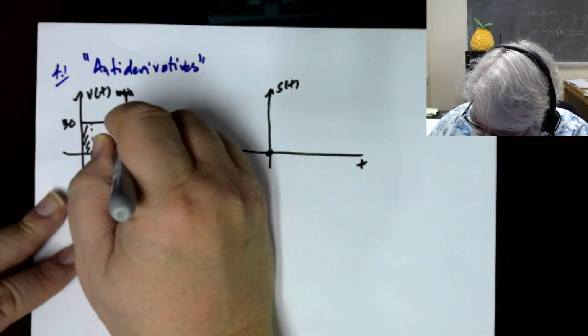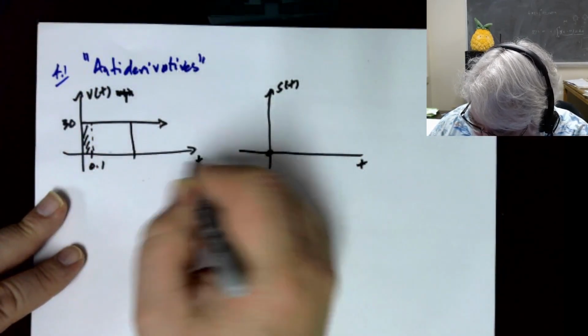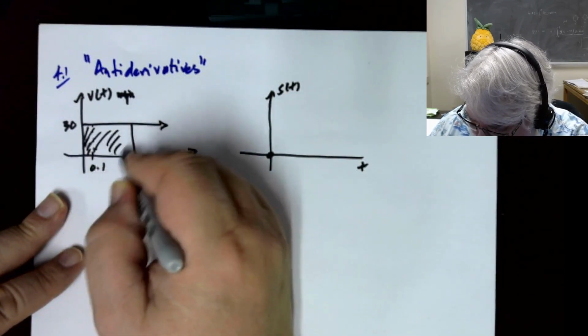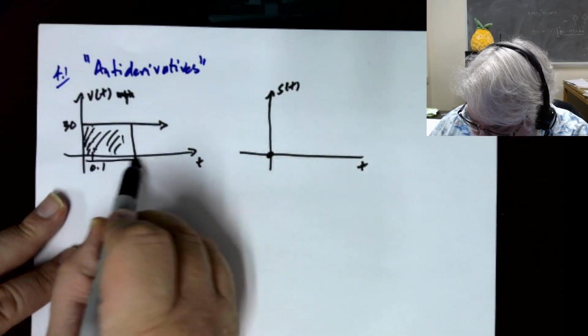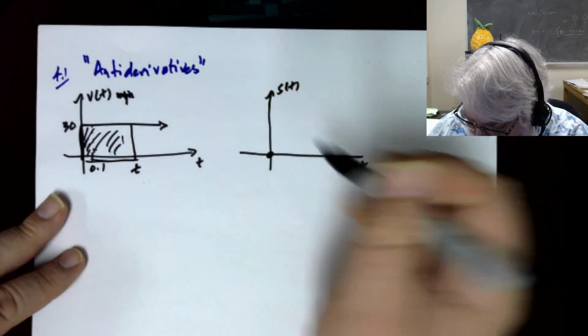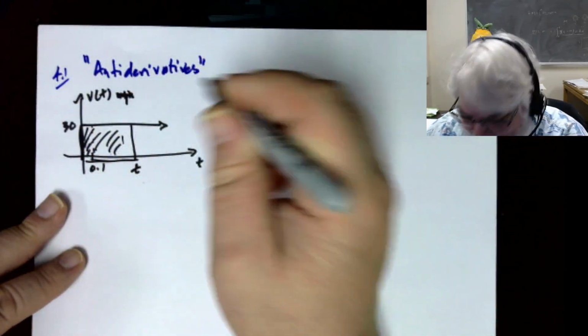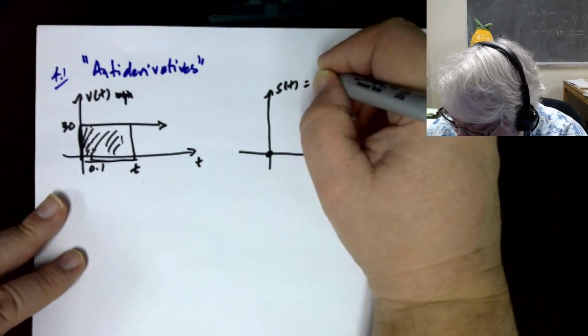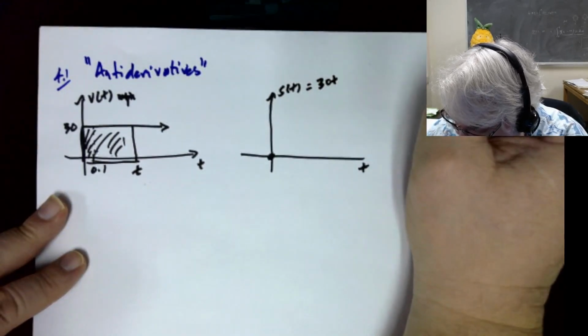And so similarly, if I go out to a generic value at time t, then it's going to be the area of this rectangle. The rectangle is just 30 times t. So our S of t is actually going to be 30 times t, right?